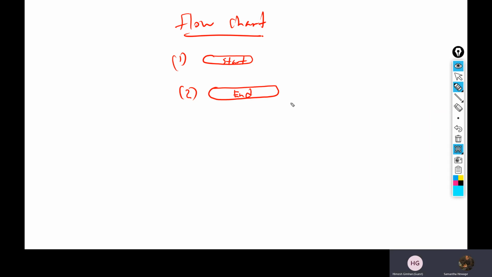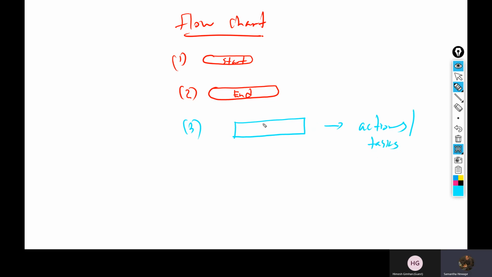This is the start symbol. This is the end symbol. And we have another symbol, the rectangle symbol. This is for actions, or you can say tasks. What are the tasks under that particular program?